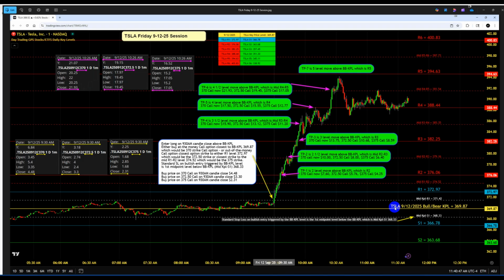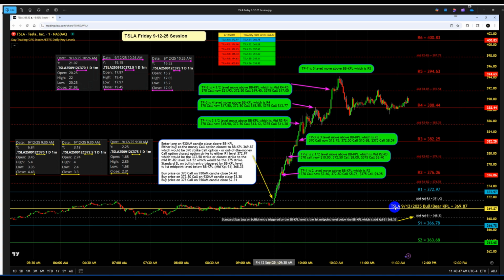For those stocks and ETFs that do not have pre-market activity, then you will see those levels at 9:30 a.m. at the market open. But on major stocks and ETFs like Tesla as an example, you will see these levels on your chart in the pre-market at 9 a.m.